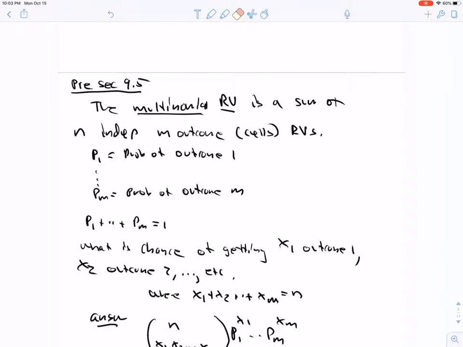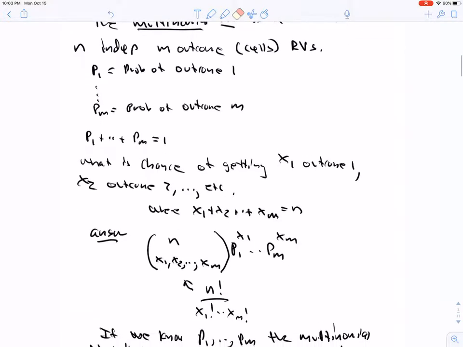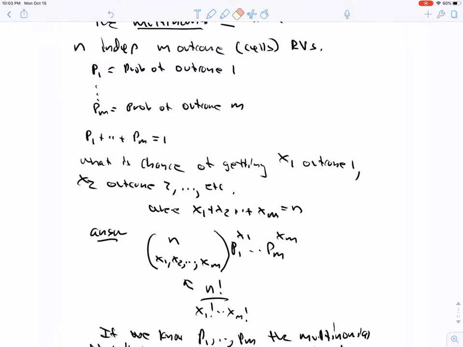So a multinomial random variable is a sum of n independent m-outcome random variables. And so we have p1 as the probability of outcome 1 and so on. p1 to pm sum to 1. So what's the chance of getting x1 outcome 1, x2 outcome 2, and so on, where the sum of the xi's is n?